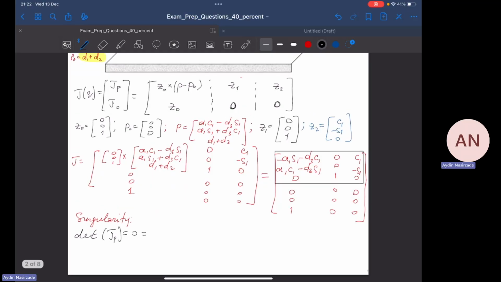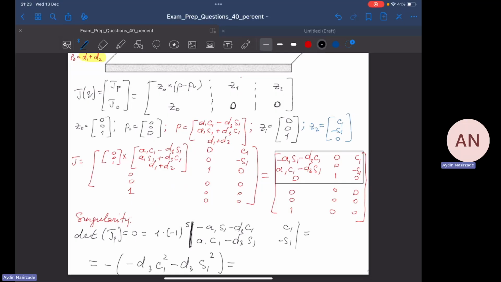Now the determinant of this matrix is going to be, I'm going to take this one, so 1 times minus 1 over like third row, second column, minus A1 S1 minus D3 cosine of theta 1, A1 cosine of theta 1 minus D3 sine of theta 1, and then we have cosine of theta 1, minus sine of theta 1, and it becomes minus D3 cosine of theta 1 squared minus D3 sine of theta 1 squared.